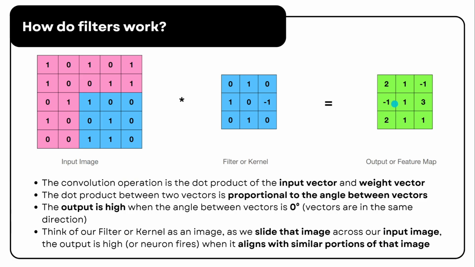For example, if the filter is designed to detect edges and it passes over an edge in the image, it will strongly activate, resulting in a high value in the output. So in summary, high activation happens when the filter matches the pattern it's looking for in the image.